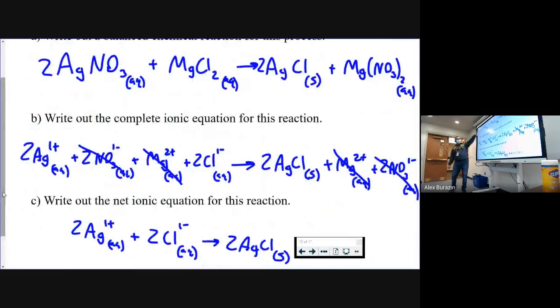If I go back up to the top, this is an important thing to think about. Ionic, aqueous. Ionic, aqueous. Is that ionic? It is. Metal, non-metal. Ionic, aqueous. Here's the deal. Not every ionic compound actually dissolves.